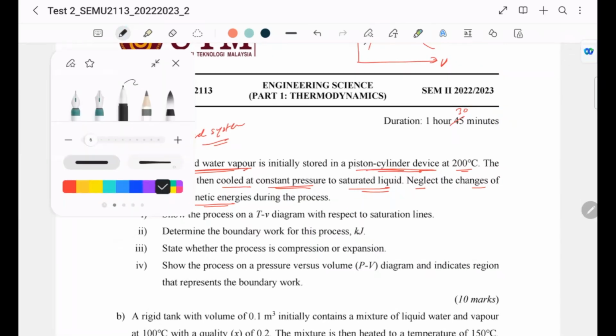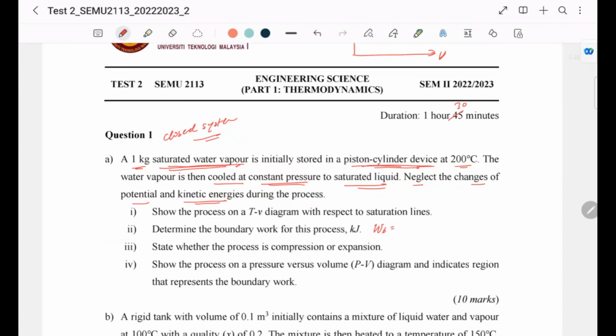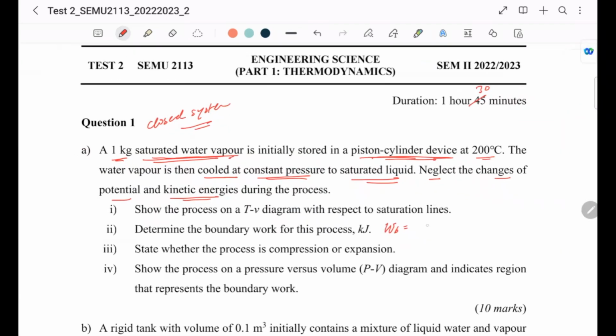Then next, determine the boundary work for the piston. So boundary work is basically pressure multiplied with volume change.